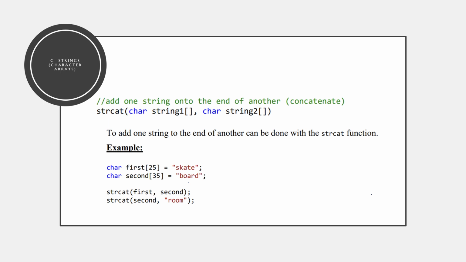So if I wanted to create, I know it's not really a word, the word skateboard room all into one word, 1, 2, 3, 4, 5, 6, 7, 8, 9, 10, 11. So it's fine because first is 25 characters, so it will allow me to do that. So the first step would be to concatenate. This would create skateboard.